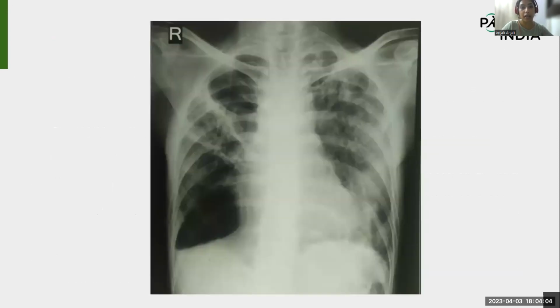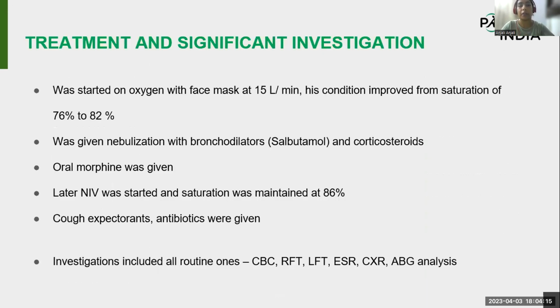This was his X-ray, where he had right lower lobe translucency and patches all over. Next slide. So the treatment included, he was started immediately on oxygen at 15 liters per minute with a face mask, and his saturation improved from 76% to 82%.